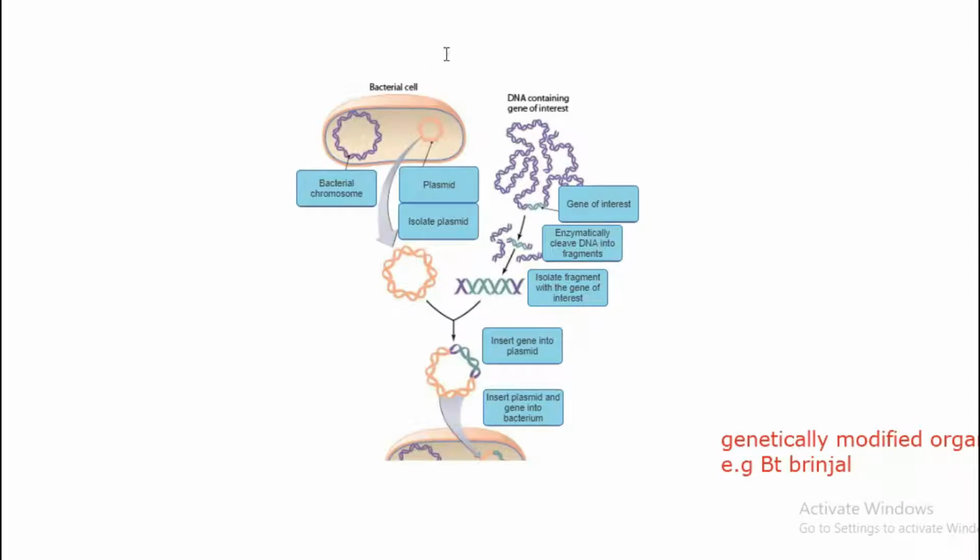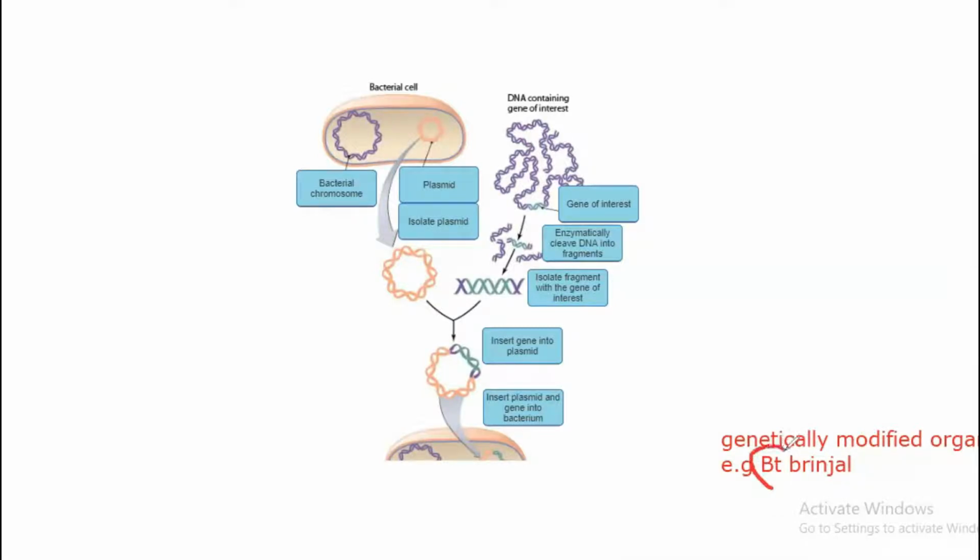So here Bt brinjal, here Bt stands for Bacillus thuringiensis. So this brinjal is modified genetically. In order to modify this brinjal genetically, the desired DNA is taken from a bacteria. The name of the bacteria is Bacillus thuringiensis.